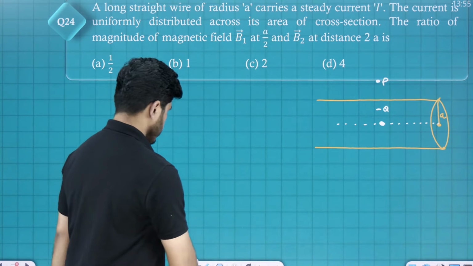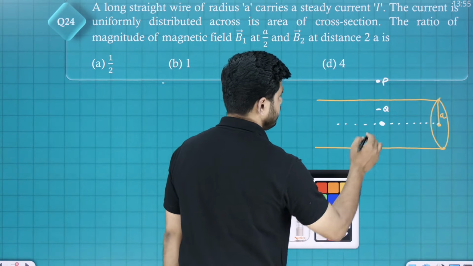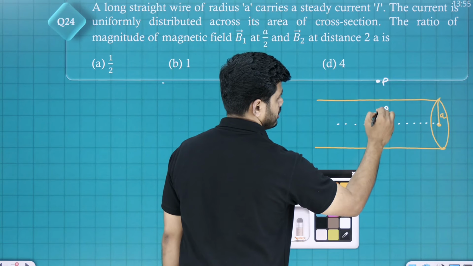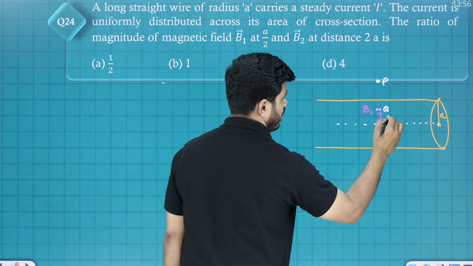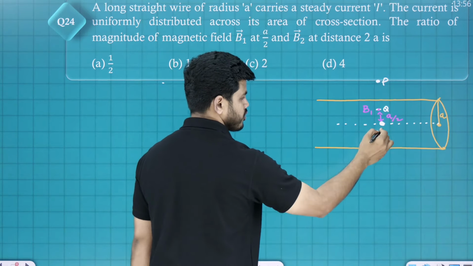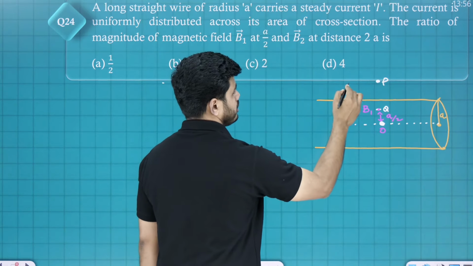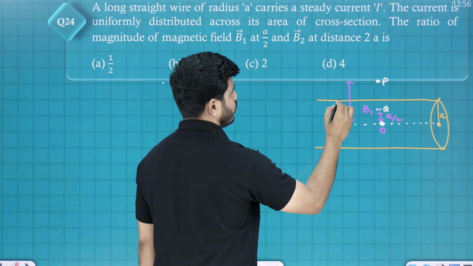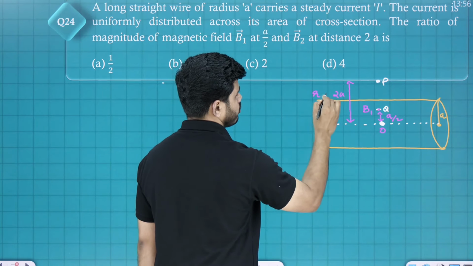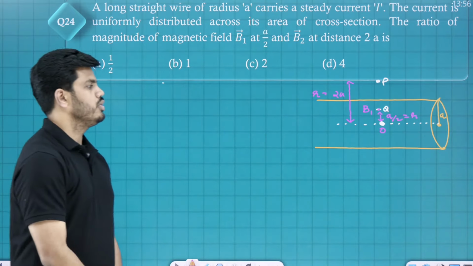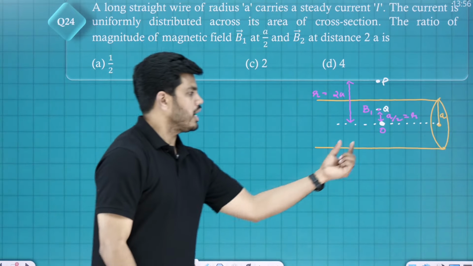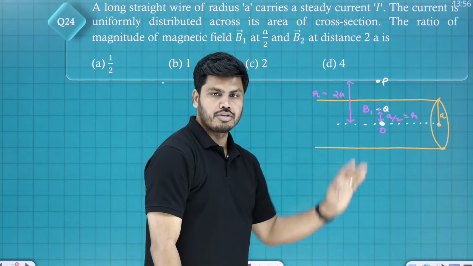The magnetic field at the point P is taken as B1. This distance is going to be half of the radius, measured from the center, and the other distance is going to be 2A. R is equal to 2A, and here R is equal to A by 2. These are the two distances given. So we have to find the magnetic field due to these two and take the ratio.